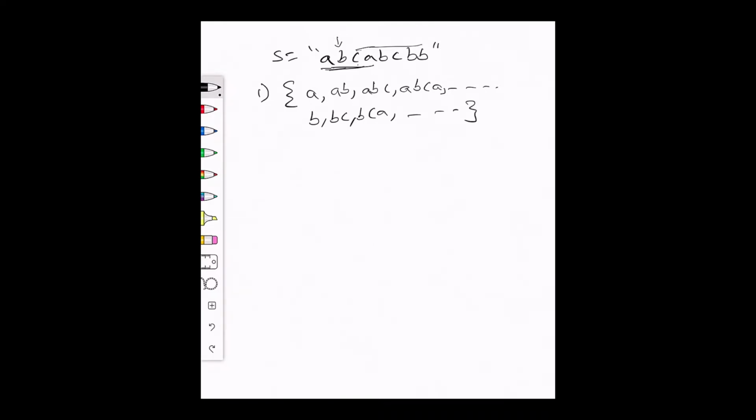After creating these substrings, we need to write a function which will look at all these substrings and eliminate any string which has a duplicate character. So this substring has duplicate characters, A and A is repeated. My function is going to remove all the substrings which have a duplicate character.